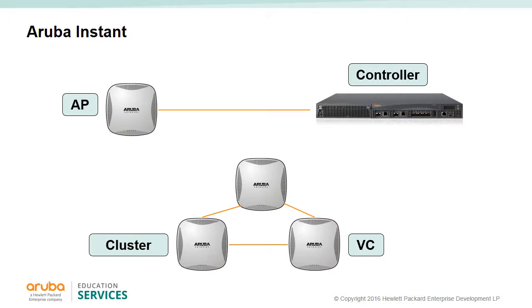Aruba Instant is ideal for enterprise organizations with distributed locations, such as retail chains, K-12 school districts, or small independent offices. Aruba Instant gives the customer enterprise-grade access points with full features such as authentication, policy firewall, rogue containment, and adaptive radio management.